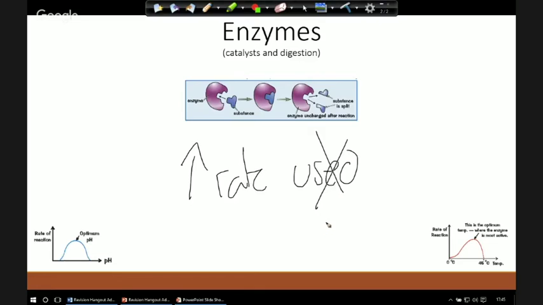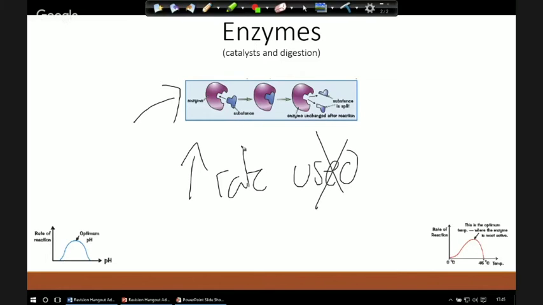They don't change. And they have special shapes, and this diagram here shows it well. Essentially, they allow the active site of different substances to normally be brought closer together. The enzyme allows the substance to break down, and it works much more quickly than it would if it were to be left on its own.